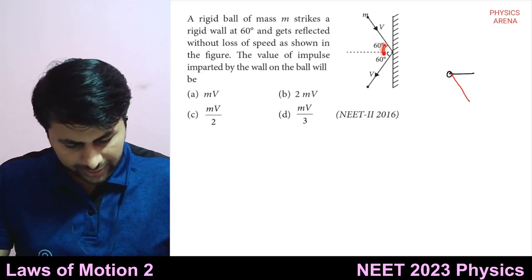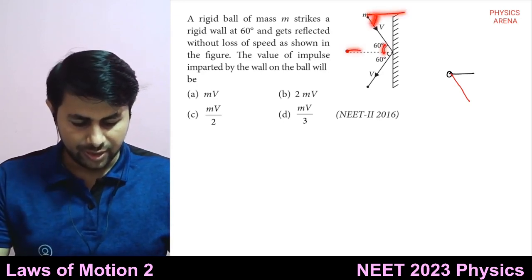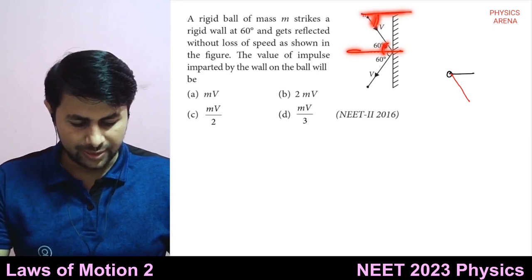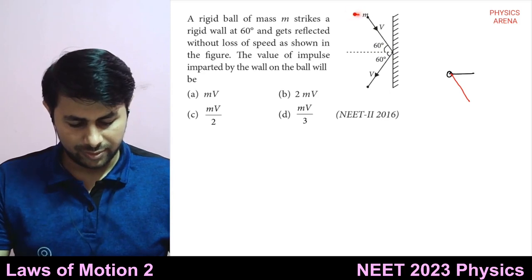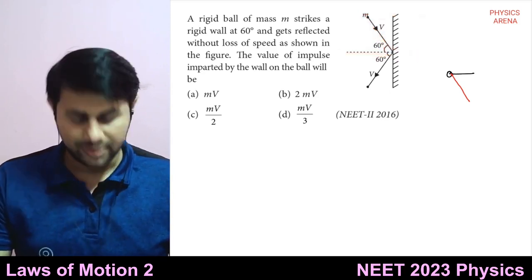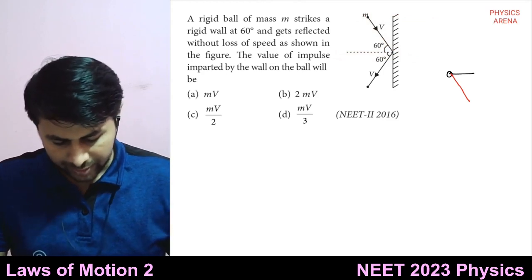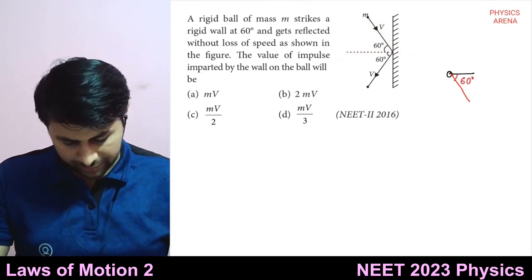Since this angle is 60 degrees, this angle would be 60 degrees. There are two parallel lines and a transversal, so these are alternate angles, and they will be equal. So this angle is 60 degrees.